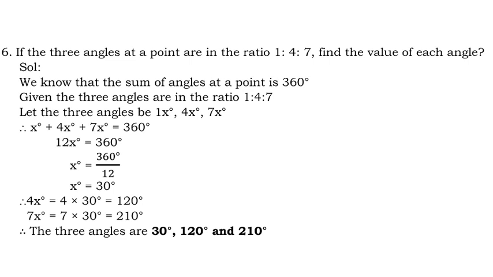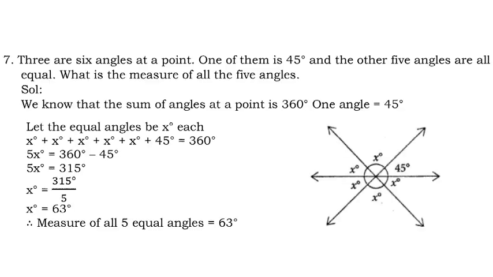So x degrees is equal to 30 degrees. 4x degrees is equal to 4 into 30 degrees, which is equal to 120 degrees. 7x degrees is equal to 7 into 30 degrees, which is equal to 210 degrees. So the three angles are 30 degrees, 120 degrees and 210 degrees.